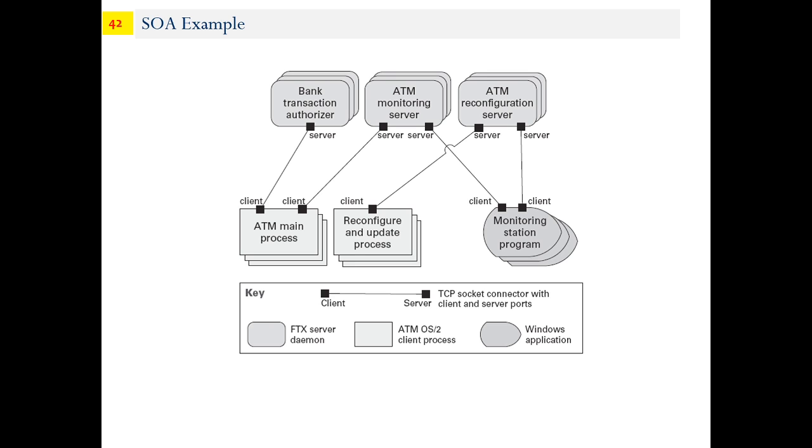SOA example: there is a bank transaction authorizer, ATM monitoring service, reconfiguration server, and then you can have the communications made between the clients and server. So the basis for SOA is client server, but with amendments.